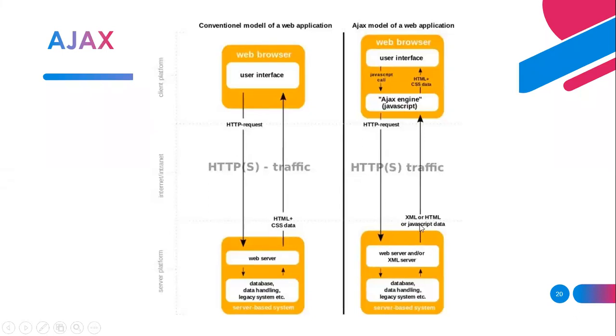But here, what is sent is not only HTML and CSS, but also XML. So what is XML? XML is actually like HTML. It uses tags like that. It is a structured file, but XML is usually used for sending data and processing the data. So when we are using Ajax, the data will be sent using XML.